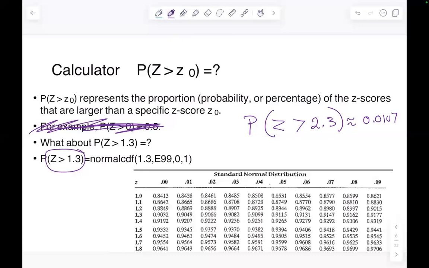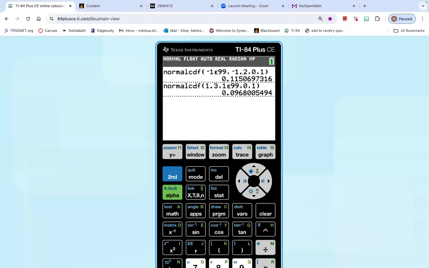You got this. I have a question about the calculator. When I go to do normal CDF or any of the CDF PDF things, I don't have those words that say lower, upper, mu, and all of that. Mine just says normal CDF with the parenthesis and gives me the ability to put the numbers in. Some calculators do that.